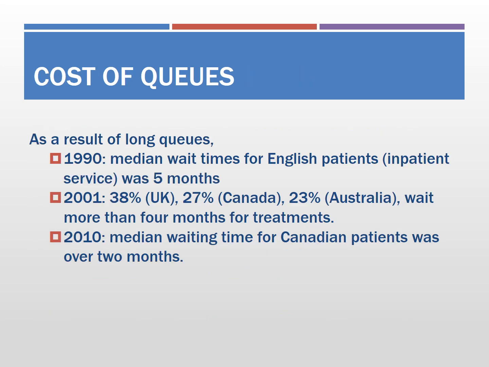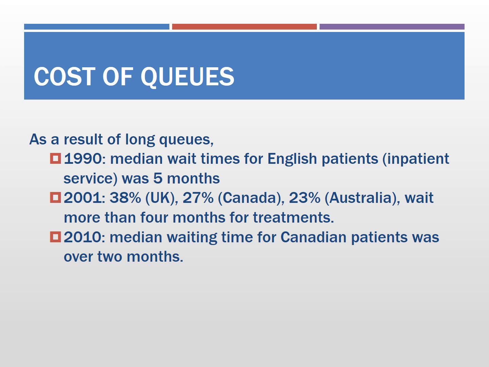Here is some of the evidence suggesting that long queues actually happen in most Beveridge systems. A survey in 1990 found that the median wait time for English patients for inpatient service was about 5 months.